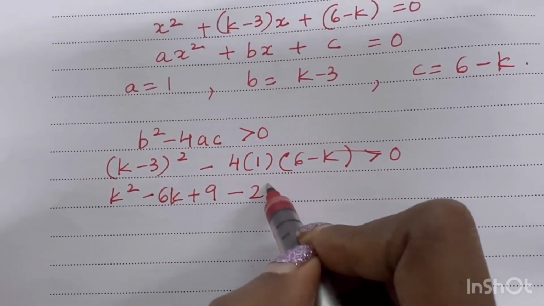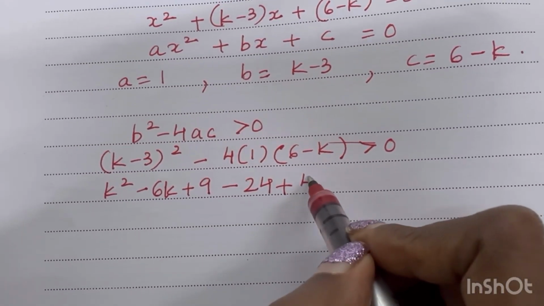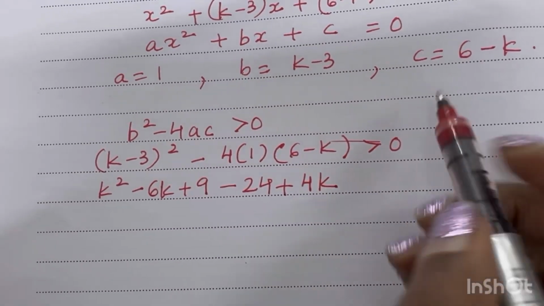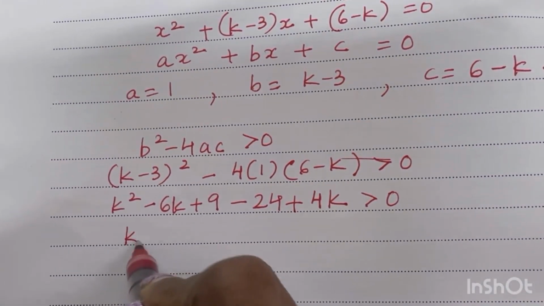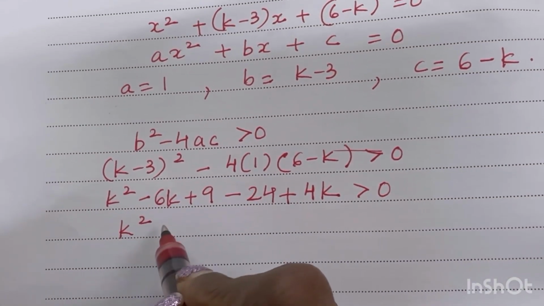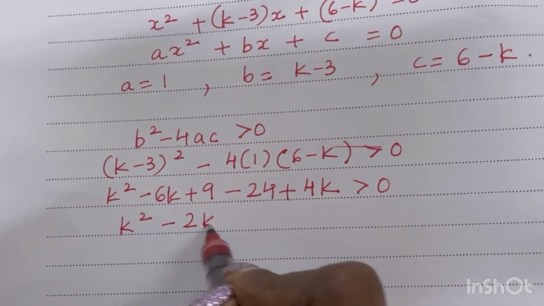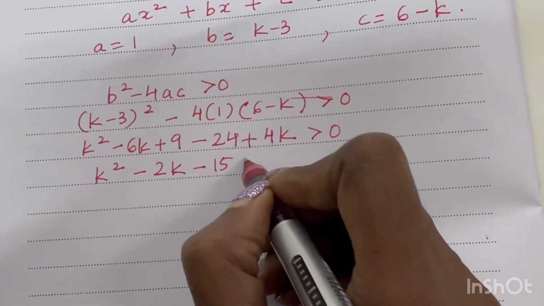Minus 24. Minus into minus plus, what is it? 4k greater than 0. Collect the like terms again. So we get k square minus 6k plus 4k will be negative 2k, and minus 15 greater than 0.